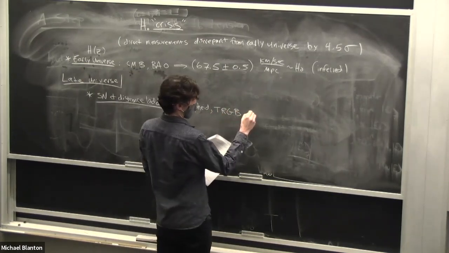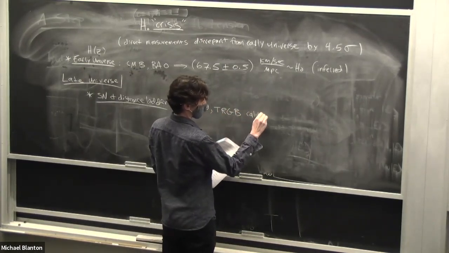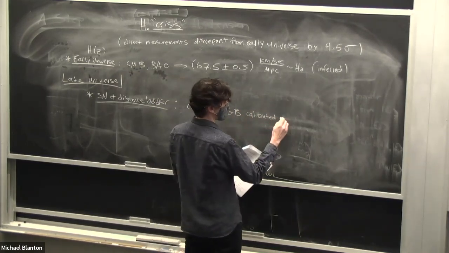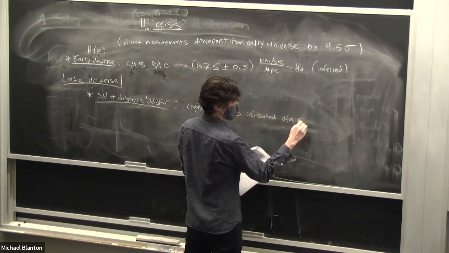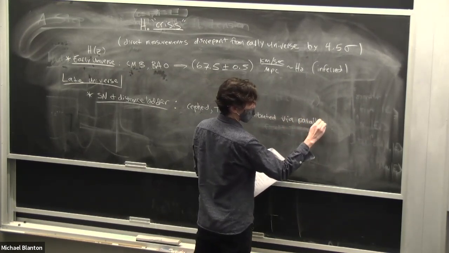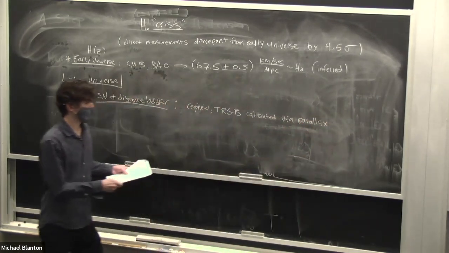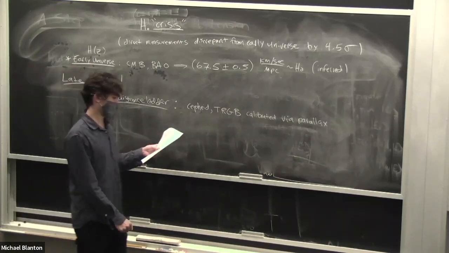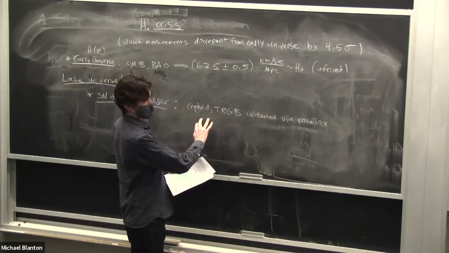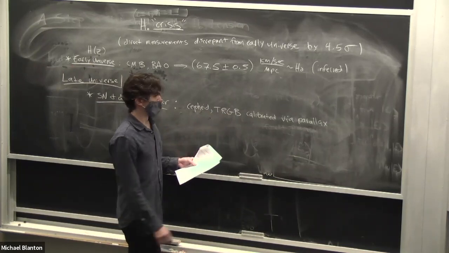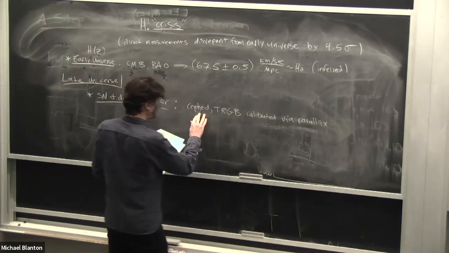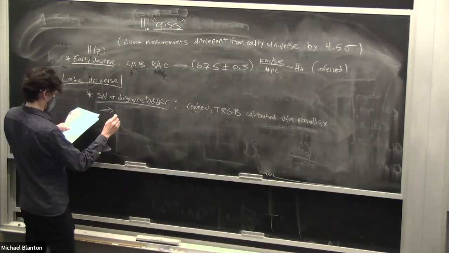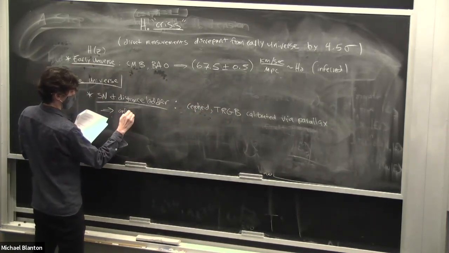So these can be calibrated, meaning you can infer their actual distance, for ones that are very close by, just via parallax. If these things are very close, you can look at the position in the sky in the winter or the summer, see how the position changes, and infer their actual distance. Once these nearby ones are calibrated, you can use these objects at higher distances, for instance, to calibrate supernovae.